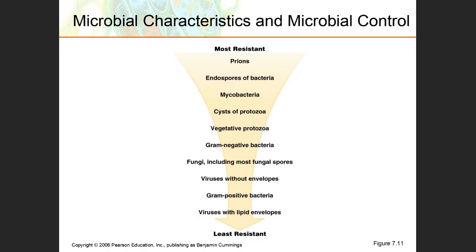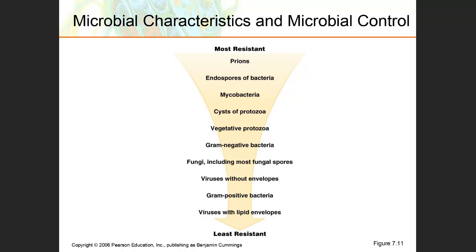So remember, we said that you need to take into account characteristics that the microorganisms have when you're thinking of how to kill them. The most resistant things we haven't talked about yet, we'll get to those after midterm, but prions are extremely resistant proteins, which cause things like mad cow disease. Then you have spores, which are very tough.